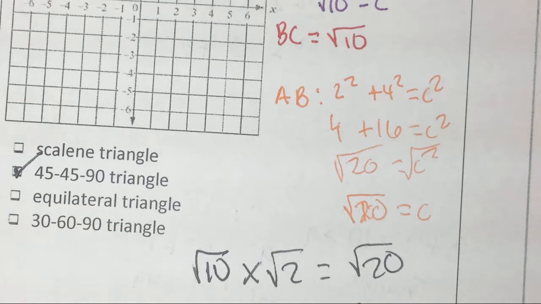What you want? What's this? Make sure you sign your full name, sir, no abbreviation. You did the other one? You ain't write square root of 34. How you know though? You just said it. How you know it's 45, 45, 90? Okay.